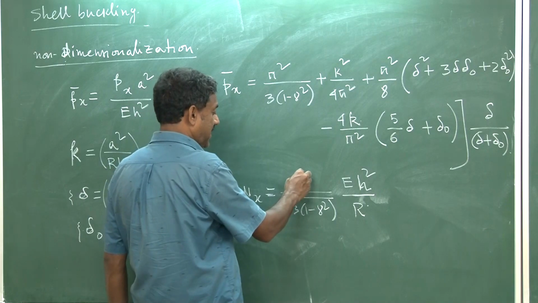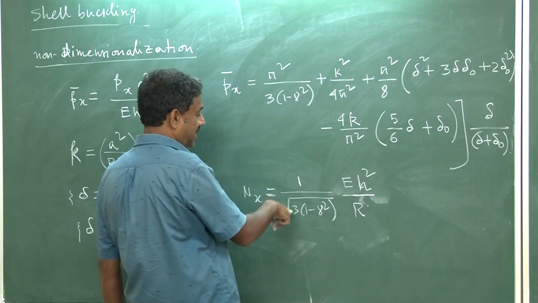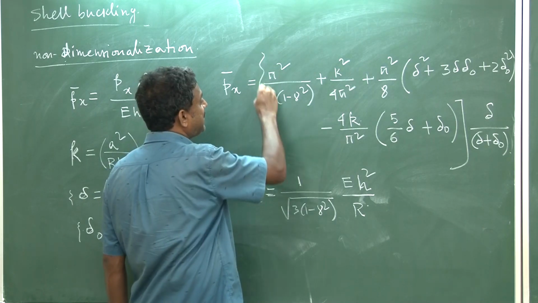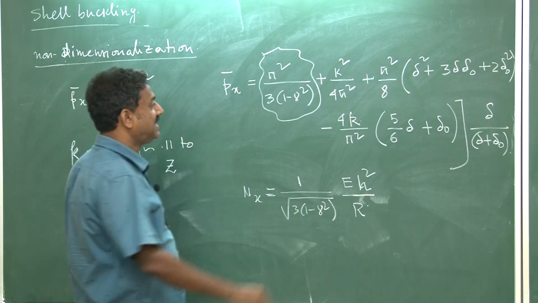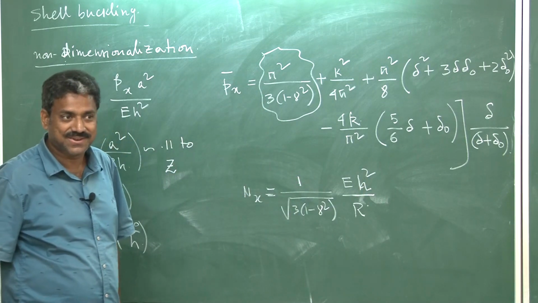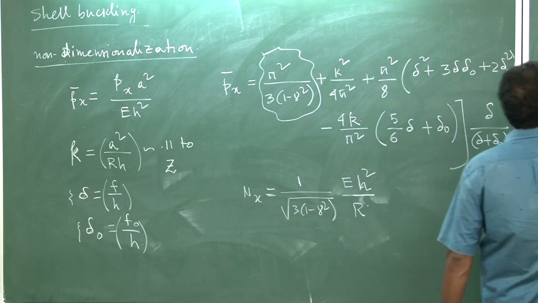But here you see that if you non-dimensionalize, the 3 into 1 minus nu square term is coming, right. So this term takes care of the buckling. The additional terms take care of the post critical behavior, what is happening there, okay. So now I am going to draw it, okay.